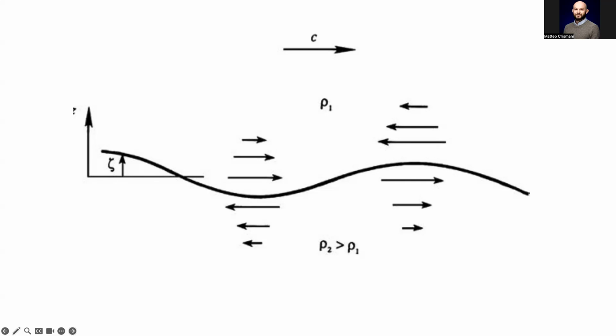You can have a medium where rho one is less than rho two, and these are flipped around. Sorry, I should say this differently. Rho two is less than rho one, right? What is the example when rho two is less than rho one down here, rho one up here? What is that called?